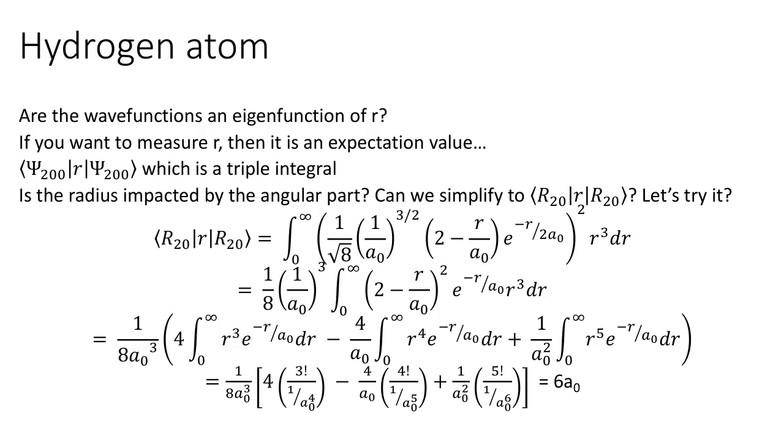So 6 Bohr radii is our expectation value. If we were to do this measurement multiple times, the average would be 6 Bohr radii, so 6 times 52.9, about 300 picometers, for the 2s orbital. That is where we would find the electron if we measured it lots and lots of times.